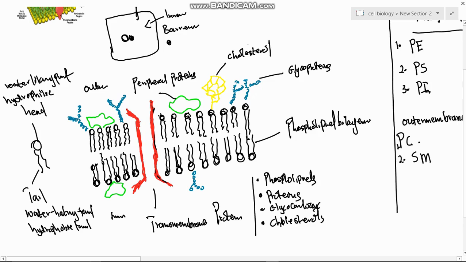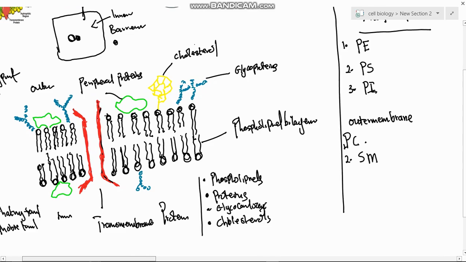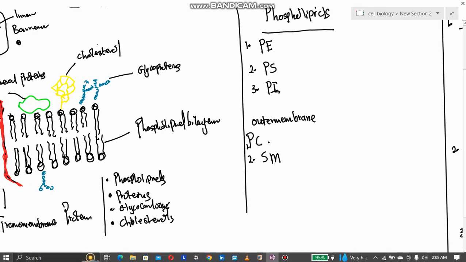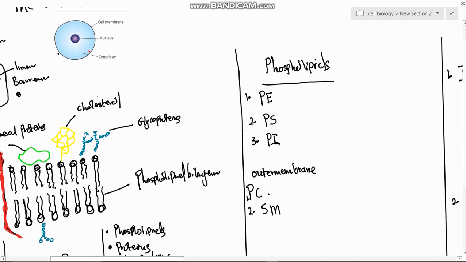So basically there are types of phospholipids that we are going to dive through. When we take the plasma membrane, these are the types of phospholipids we are likely to encounter. Here let's make this the inner membrane. So in the cell membrane, we have the inner membrane and then the outer membrane. In the inner membrane, these are the phospholipids that constitute it.